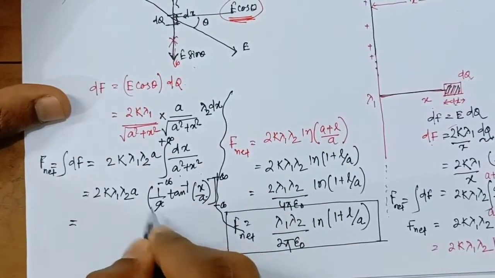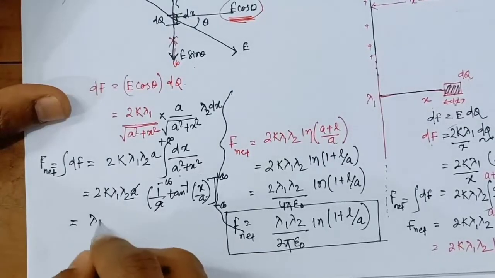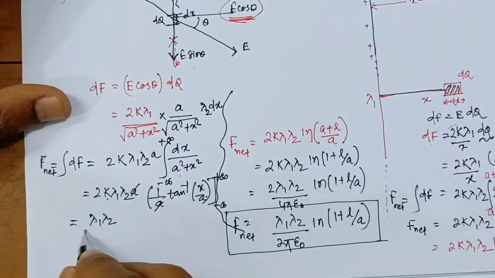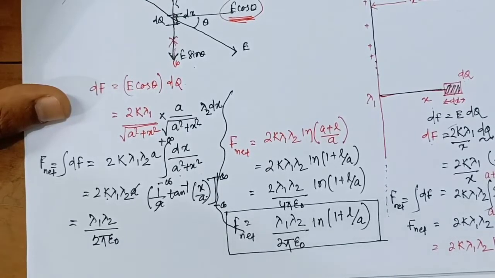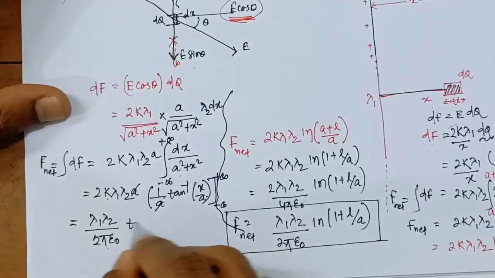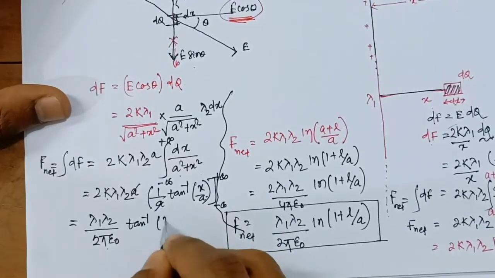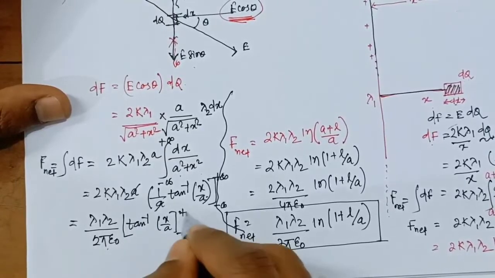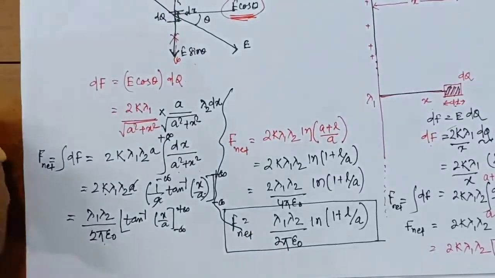So 1 by a cancels, lambda 1 lambda 2, I can put the value of k as 1 by 4 pi epsilon naught, and 2 cancels, that will become 2 pi epsilon naught, because I am putting the value of k. And this is tan inverse x by a, and I will put the limit minus infinity to plus infinity.